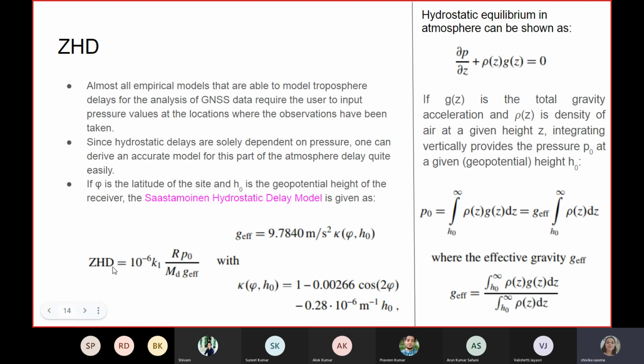So zenith hydrostatic delay is given by the Saastamoinen hydrostatic delay model, where g effective, that is gravity, is dependent on geopotential height. It is a function of latitude and geopotential height. So you only need three pieces of information to model the hydrostatic delay. What are they? First is the pressure, next is the latitude of the site, and next is the geopotential height of the receiver.